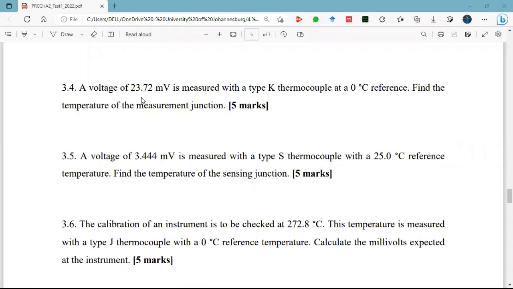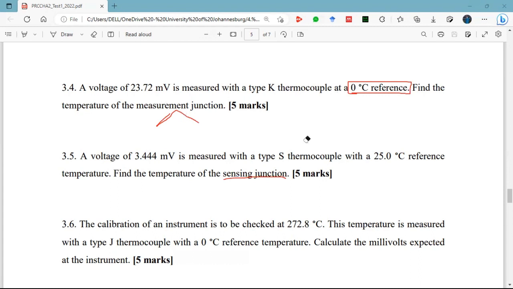So you are given that particular voltage measured with a thermocouple at a 0 degrees reference. Keep the reference in your mind, right? And then you are told to find the temperature at the measurement junction. Like I was saying, the temperature you get at the measurement junction is typically higher than the one at the reference junction, because the measurement junction is much closer to your heat source, or to the object whose temperature you're trying to measure.